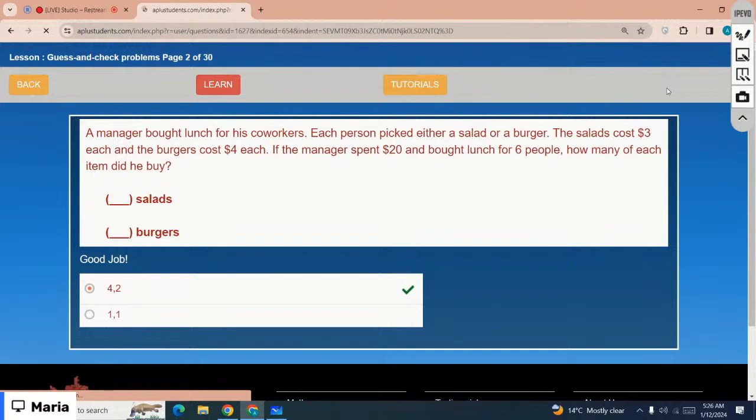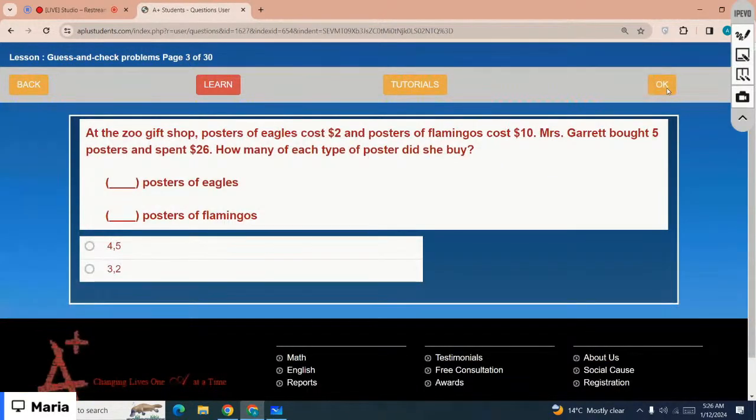Okay, the next one is, at the zoo gift shop, posters of eagles cost $2 and posters of flamingos cost $10. Mrs. Garrett bought 5 posters and spent $26. How many of each type of poster did she buy? The total posters she bought is 5, which is the correct option.